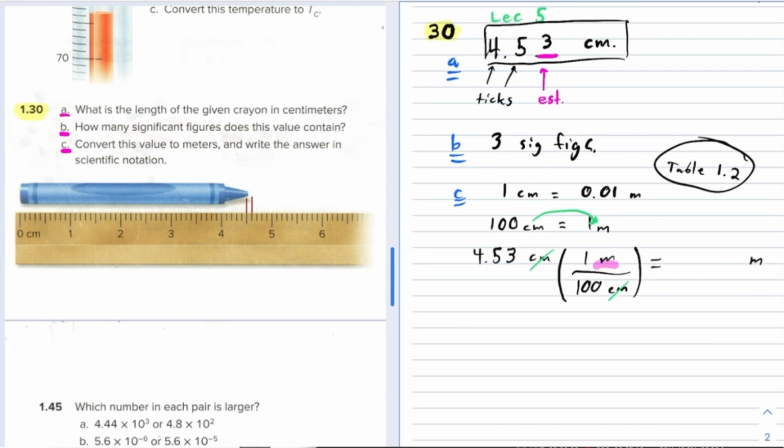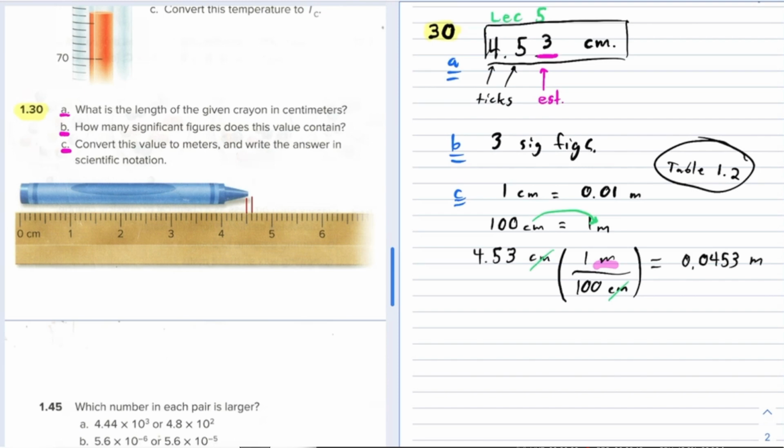And so you can see your units work out to be meters. Anytime you do a calculation involving measurements, you always calculate the units separately. So centimeters times meters over centimeters, you're left with meters. These two cancel, and then you do the numbers separately. 4.53 times 1 over 100, and that would be 0.0453 meters.